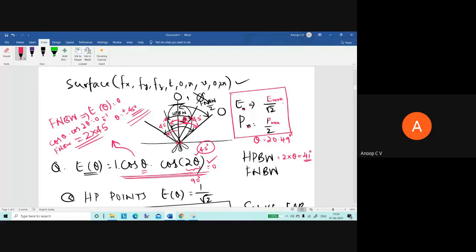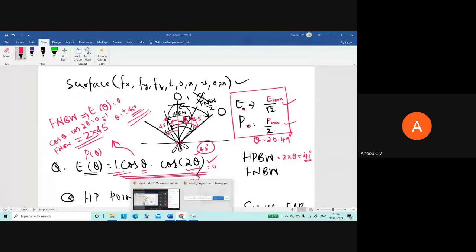Here E theta is given. If it was P of theta or S of theta, then instead of 1 by root 2 you would equate it to 1 by 2. That is the only difference, a twist which is possible. Is it clear?